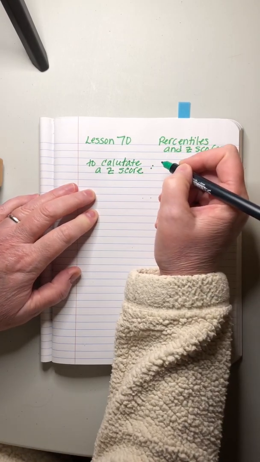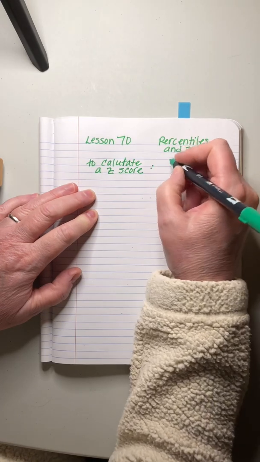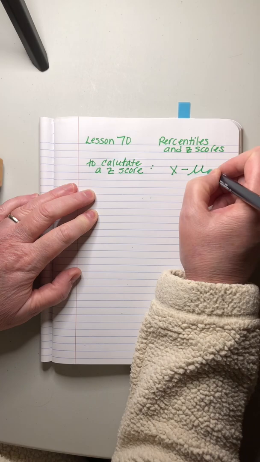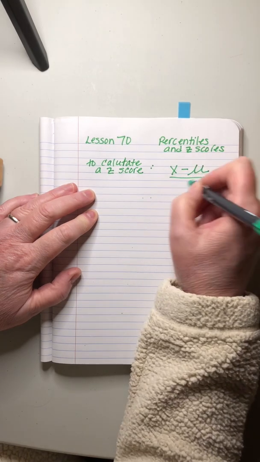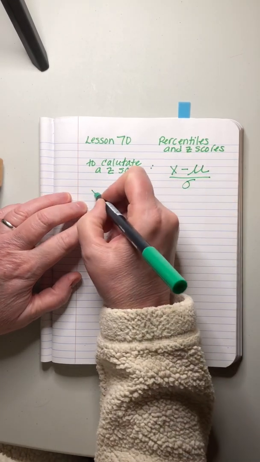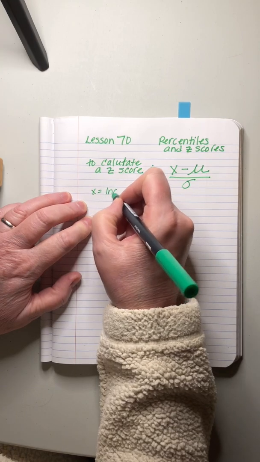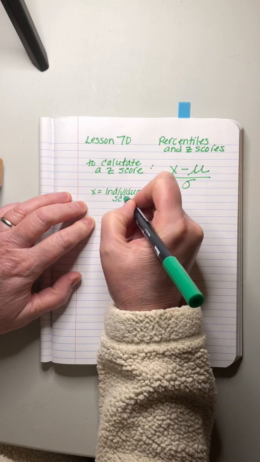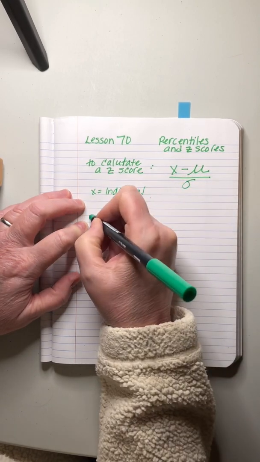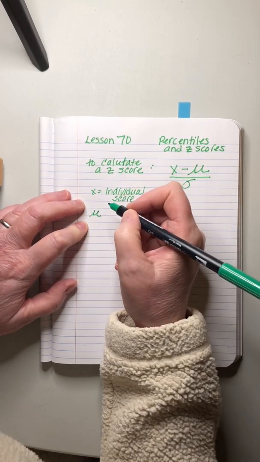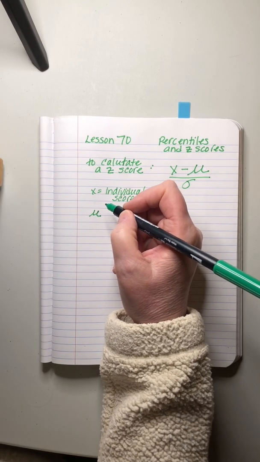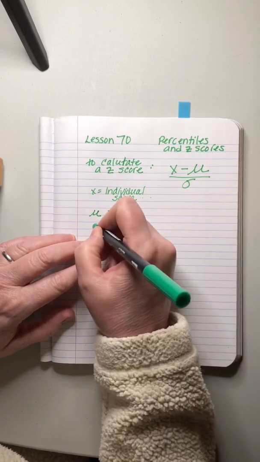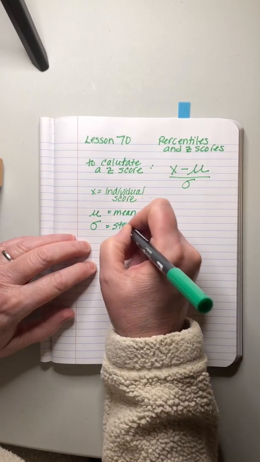We use this formula, where x equals the individual score, this letter is the mean, and this, as we already know, is the standard deviation.